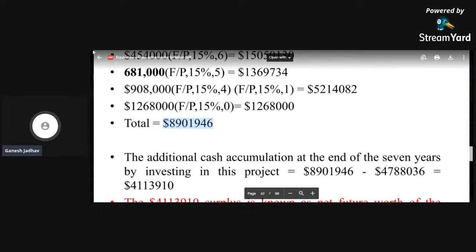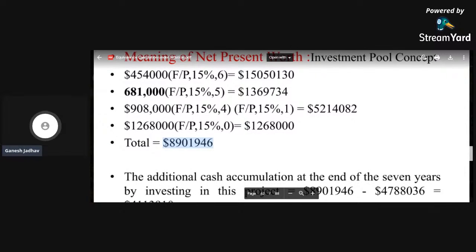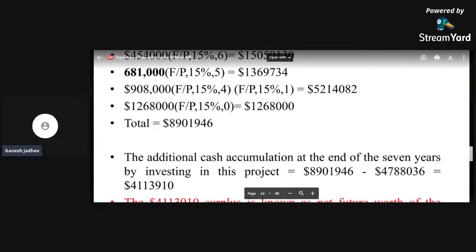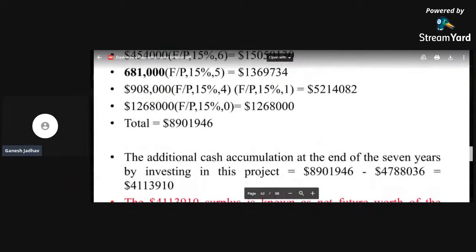So you can calculate your additional cash accumulation, as per the end of the 7th year, how much you can earn and how much you have to invest.